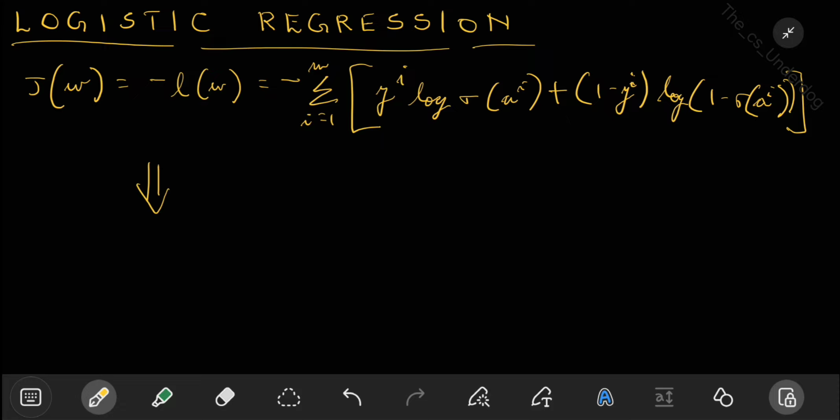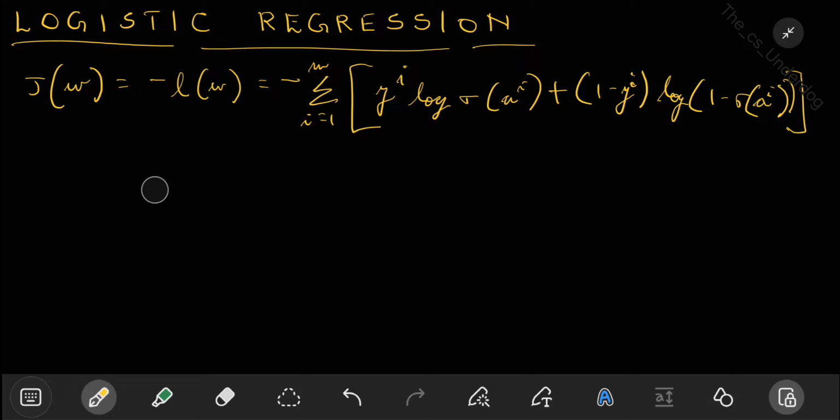Just before minimizing, I'll do one more thing. This is the total cost that we are calculating. To find the average cost per example, since here we have m different examples, I'll divide this by m.